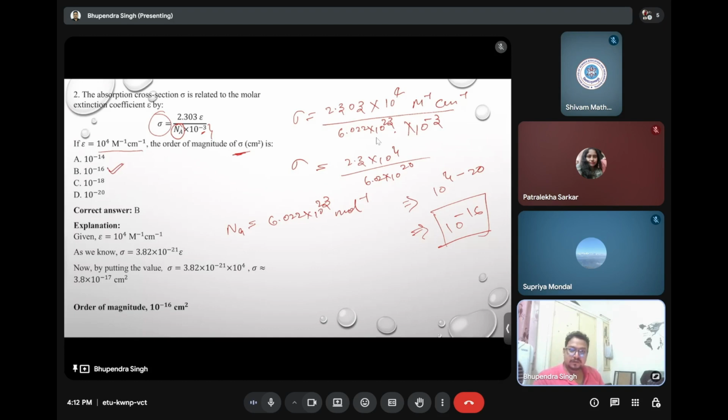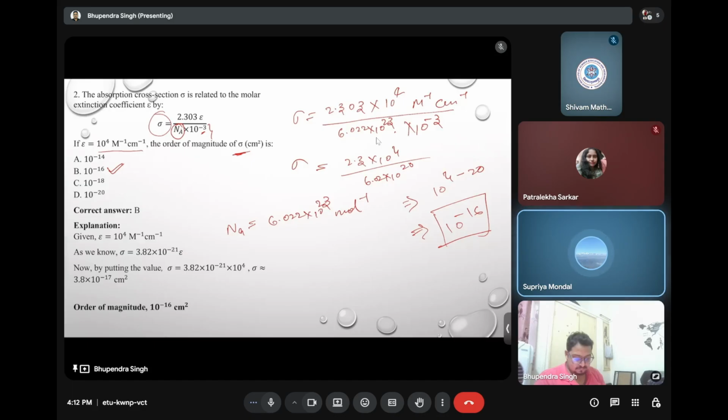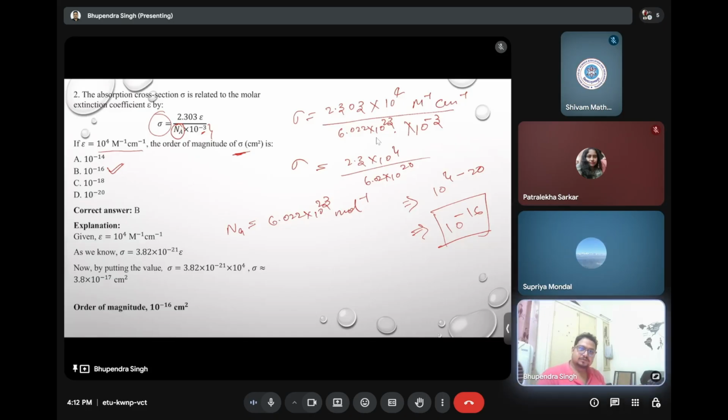You can calculate the unit by working out how this centimeter comes. Is it fine to you, Supriya Mandal? Okay.